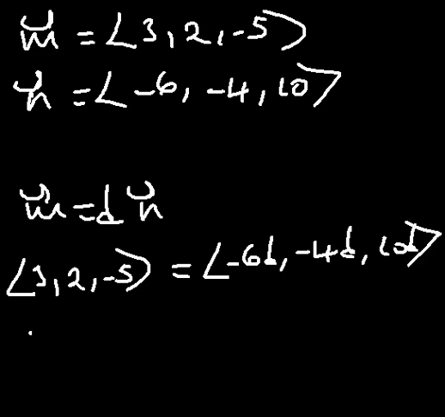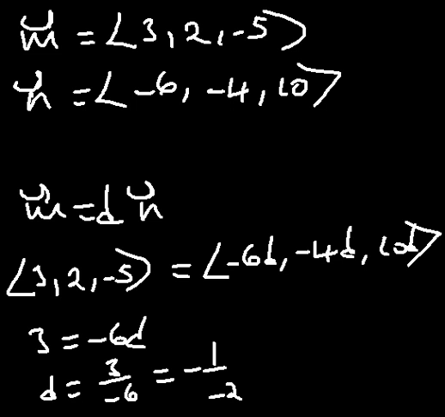So which means we'll have 3 is equal to negative 6d. In this case d is 3 over negative 6, which is the same as 1 over negative 2. And also 2 is equal to negative 4d, so d will be 1 over negative 2.